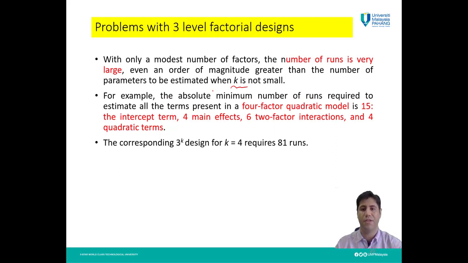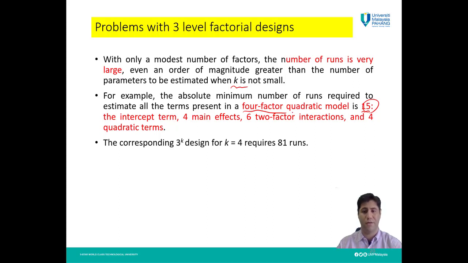For example, the absolute minimum number of runs required to estimate all terms present in a four-factor quadratic model is 15. So you can see here we need at least 15 runs.